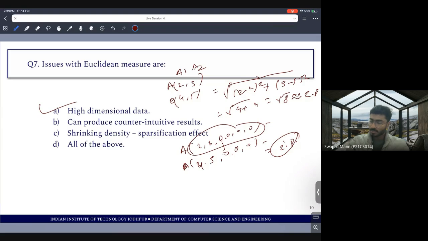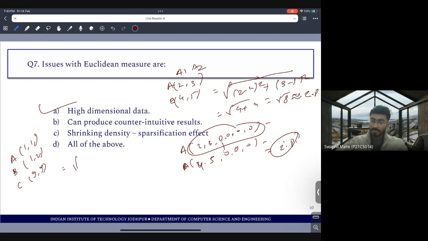The second option is it can produce counterintuitive results, right? For this counterintuitive result, let's take one example, maybe that will be easy to understand. Let's take 3 points, A, B, C. A is 1, 1; B is 1, 2; and another one we can take as 9, 9.